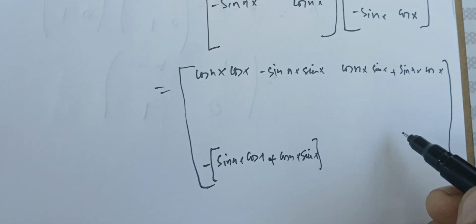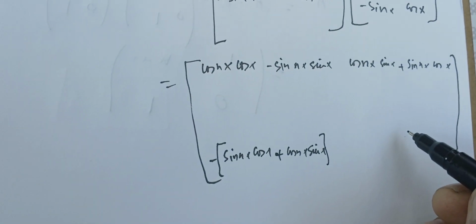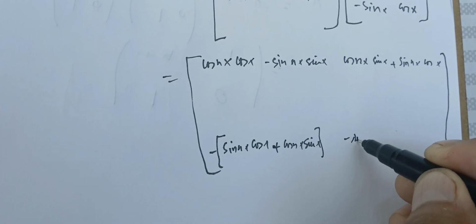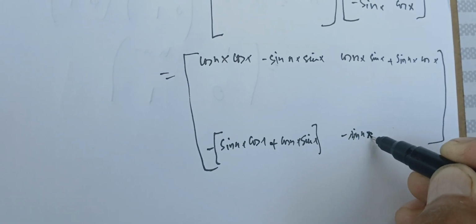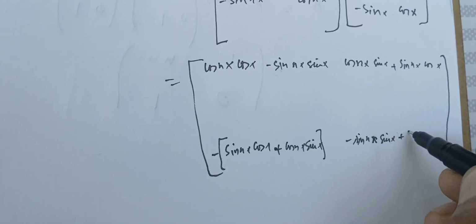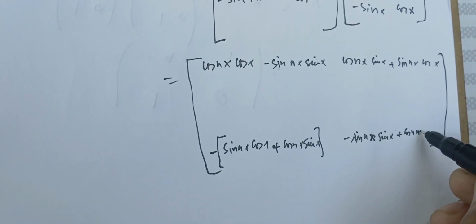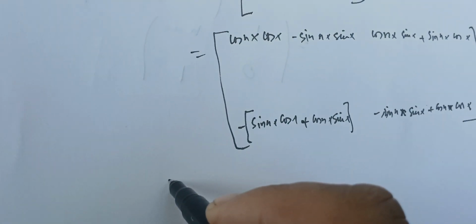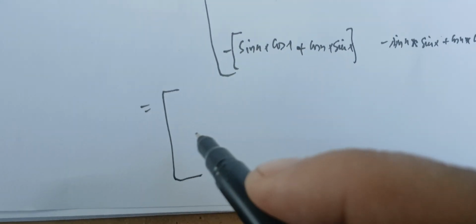And for the element in the second row, second column, we have minus sine nx times sine x plus cosine nx cosine x.